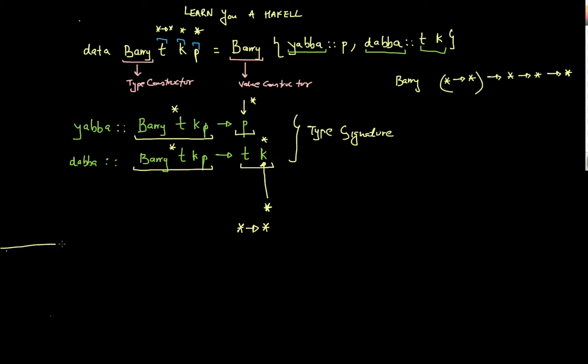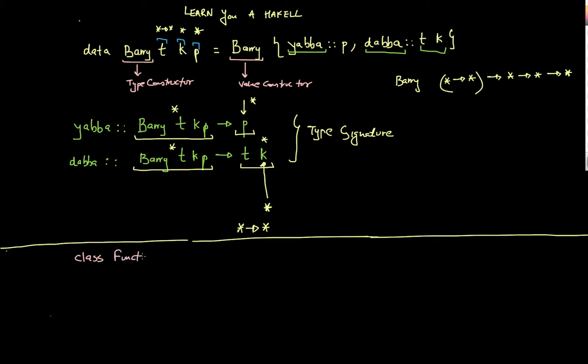Okay, so for this video, we're just going to revisit the type class definition for the Functor class. The class Functor in Haskell is defined as follows. I have a class Functor and a type variable f, where I have a type signature for my method fmap.